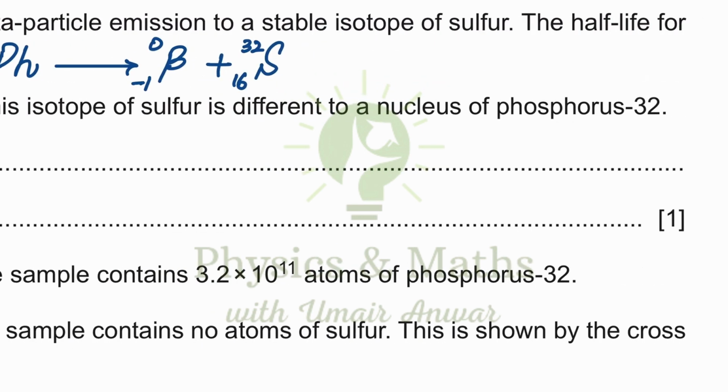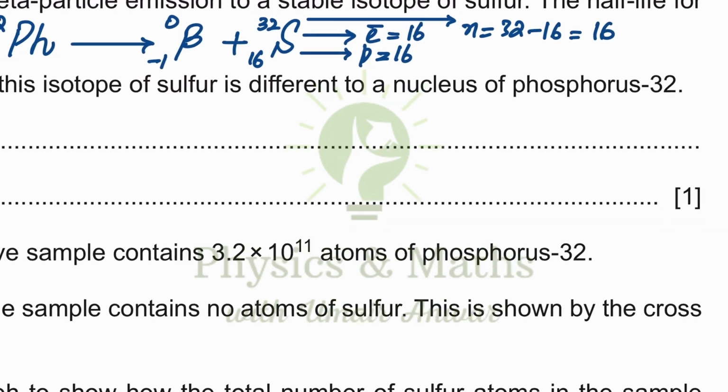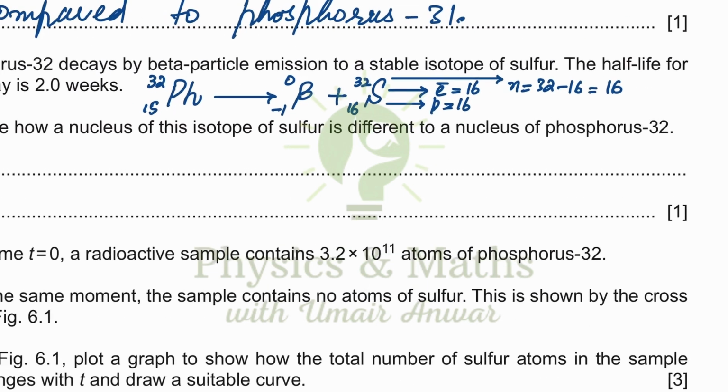Now, the details of the sulfur are 16 protons, then it means we have 16 electrons, and for the neutrons, we have 32 minus 16 equals 16 neutrons. So this is the composition of a sulfur atom.